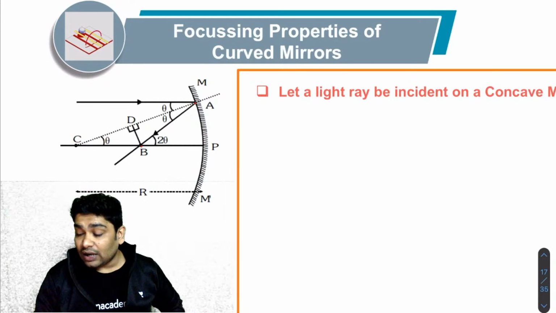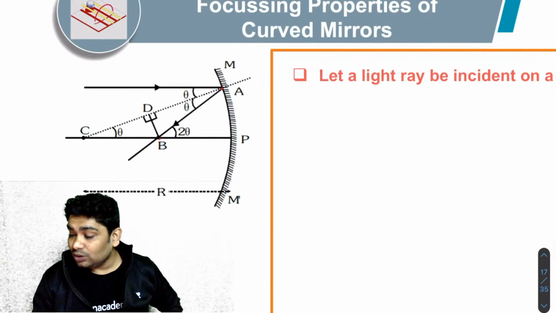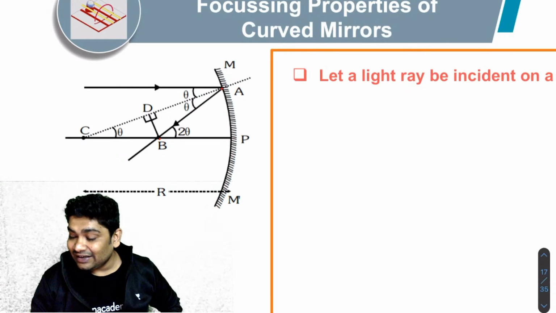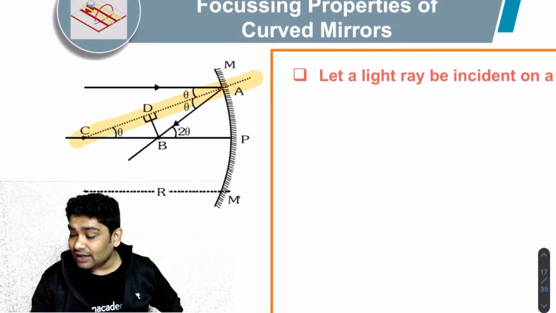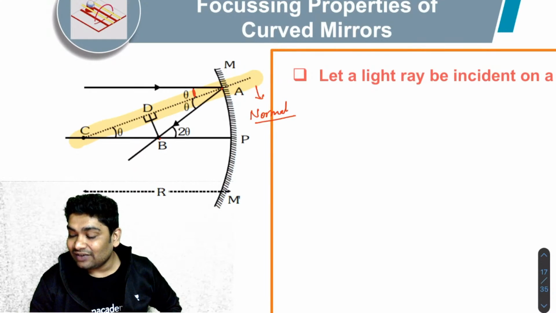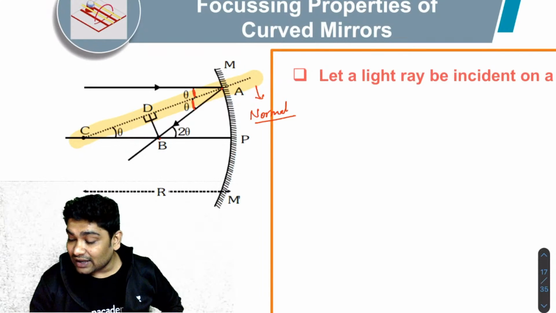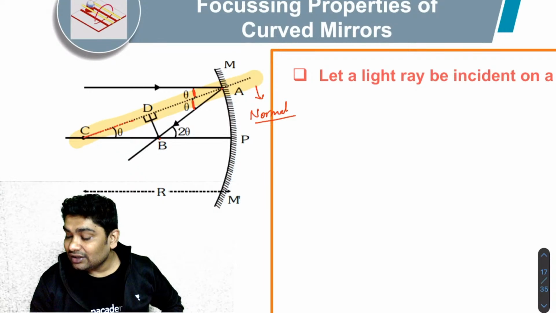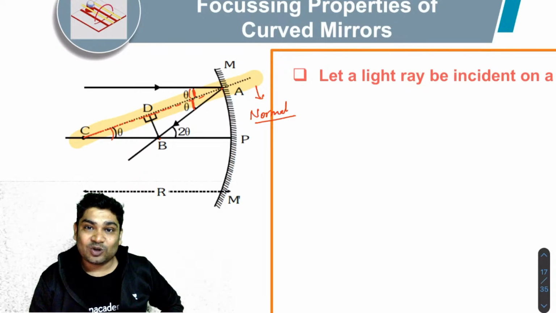Now, if you join the line from C to the point of incidence, you realize this will be the normal. Agreed? All the laws of reflection would definitely be followed. So, if this is the normal, then according to the laws of reflection, if this angle is theta, this angle will also be theta. Correct? And if you see this angle and this angle, these are alternate angles, so this angle is also theta.